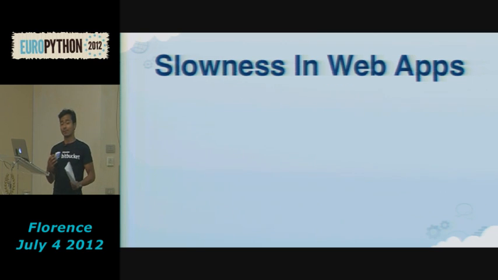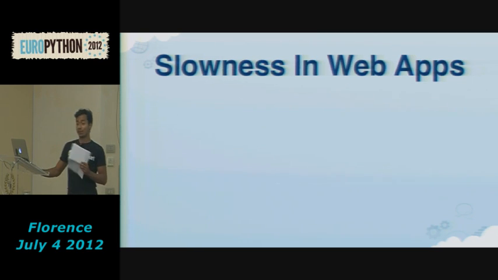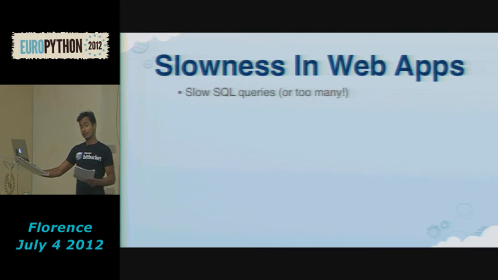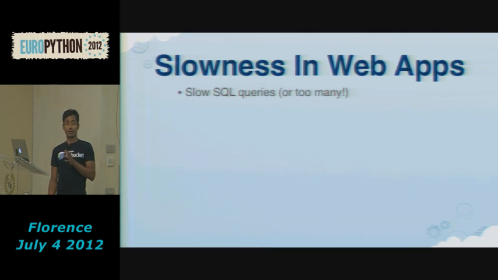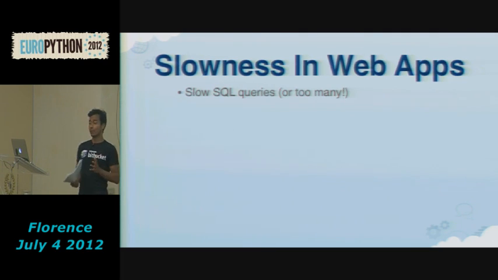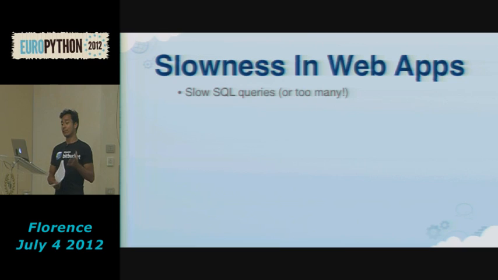First off, the most common problem that causes this unexpected slowness, in my opinion, is anything to do with the database. This could be slow queries or large queries that contain many table joins. Perhaps you're not even writing the SQL queries yourself. Perhaps you're using an ORM, and that ORM is producing SQL that is just not efficient for what you need it for. Maybe you're missing an important table index, or maybe you're just performing way too many queries.